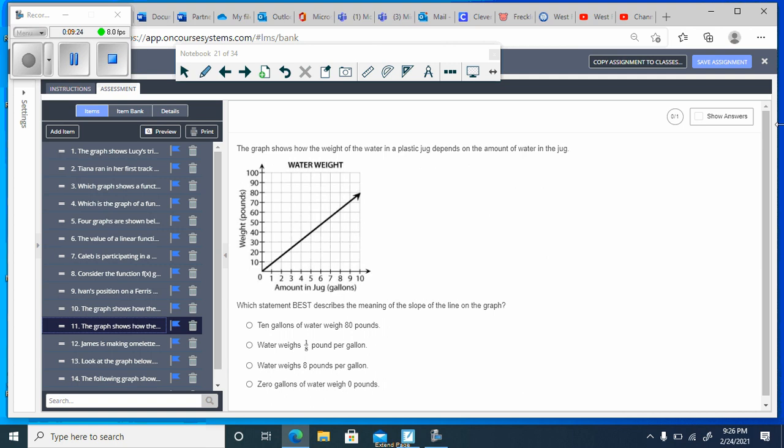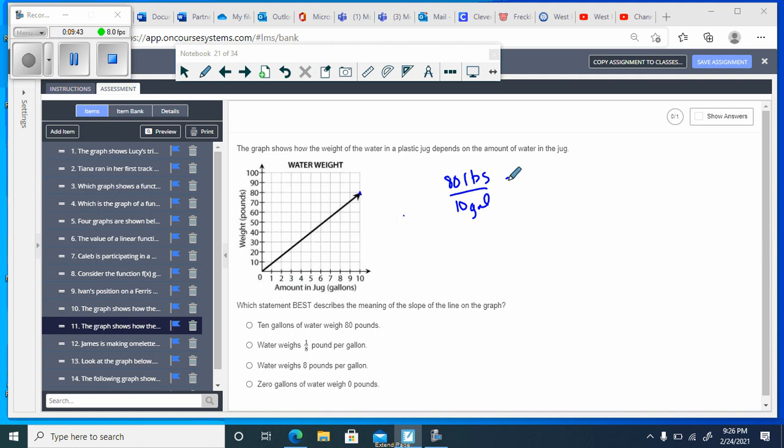Let's write it over here so we see it. Let's pick this point right here, and this gives me 80 pounds per 10 gallons, okay?